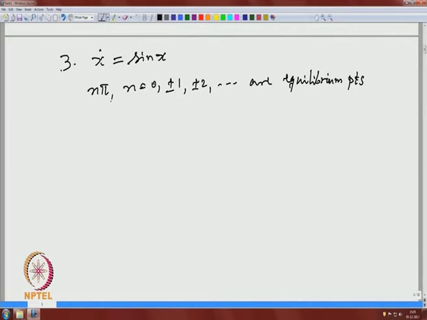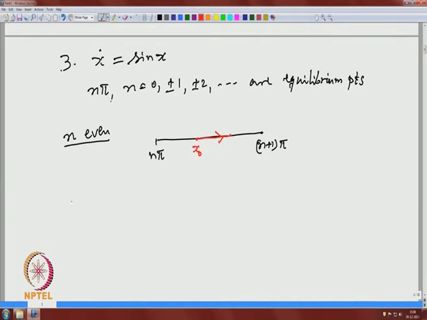Okay. So, let me just consider the case of, let me write it separately. So, n even, that is the case. Let me just draw here n pi, n plus 1 pi. So, if I start an orbit through a point here in this open interval, then the orbit moves towards that.